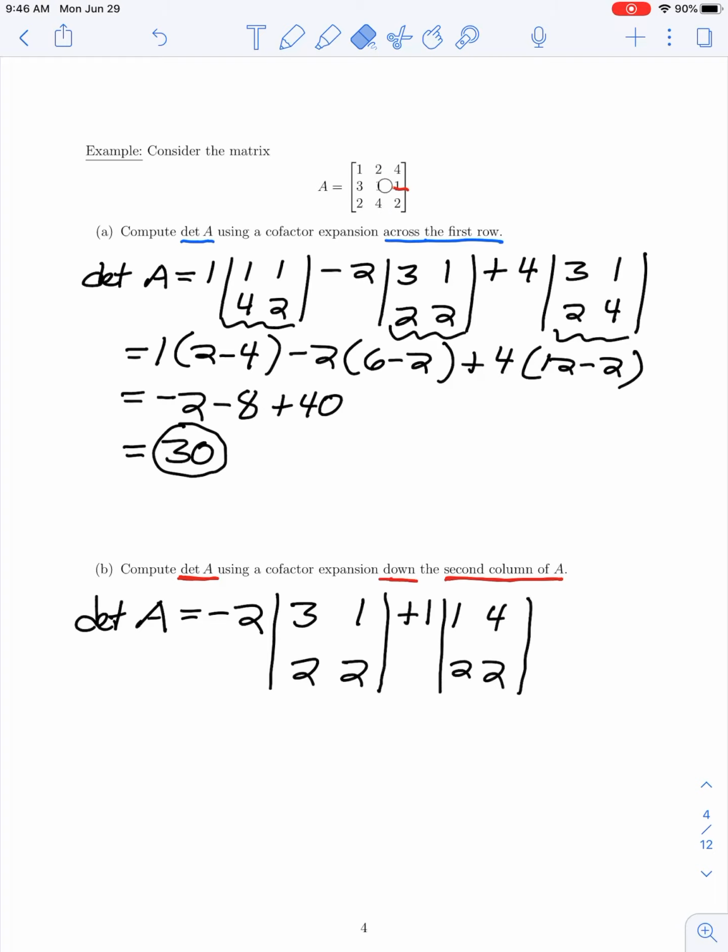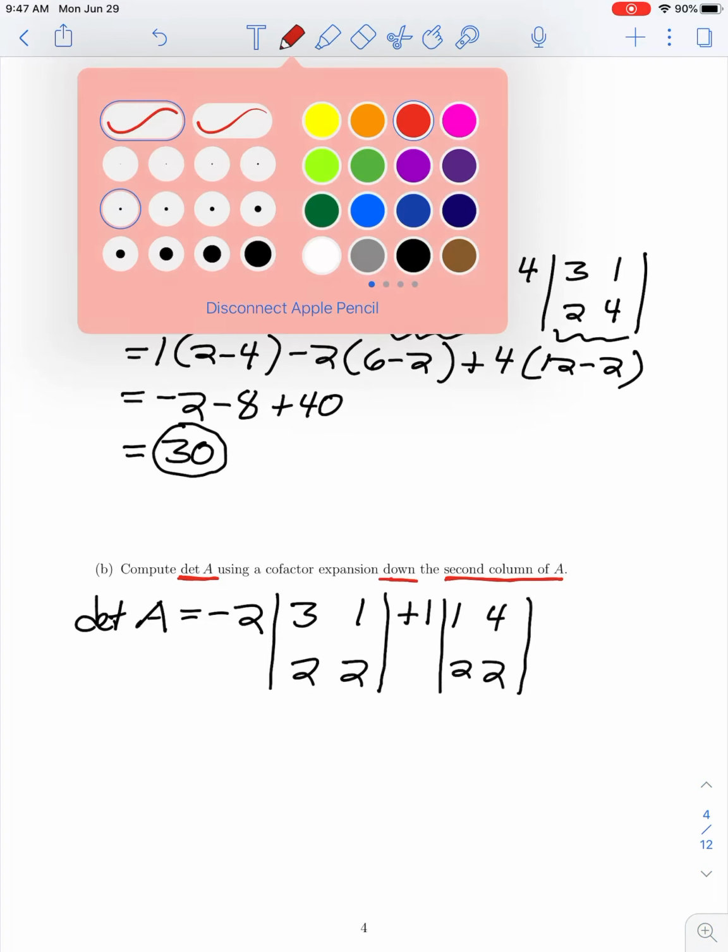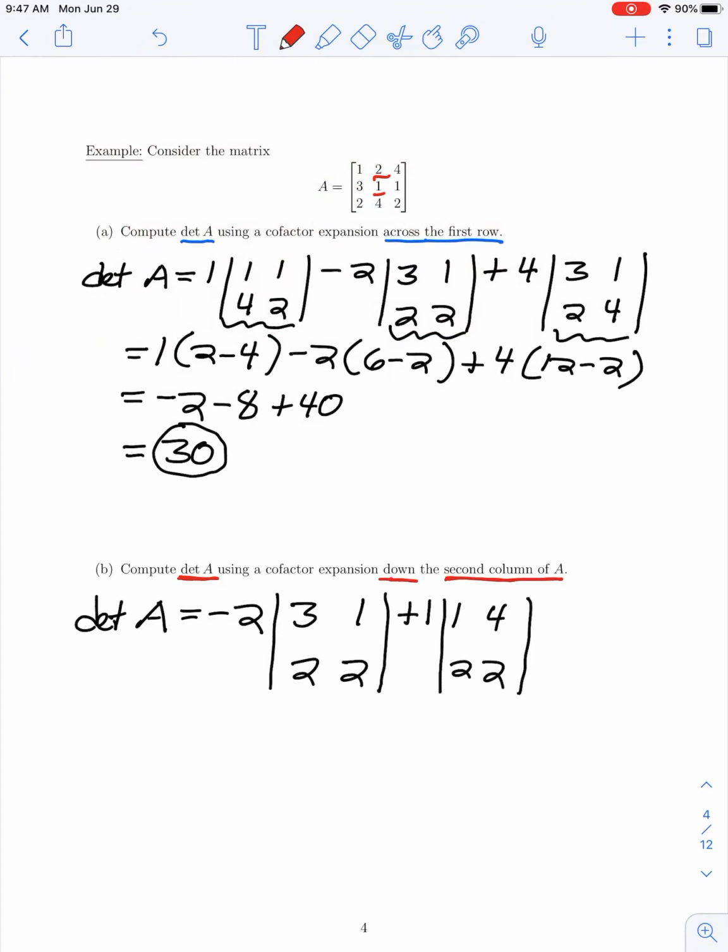And then moving to the last entry in our second column, we have a 4, and we have to take a negative, since our signs were changing as we moved through our matrix, times the 2 by 2 submatrix we get by deleting the row and column that entry lay in. So we're left with 1, 4, 3, 1.